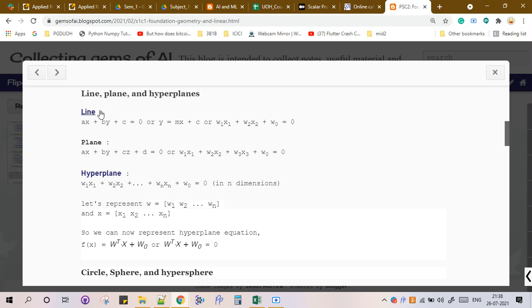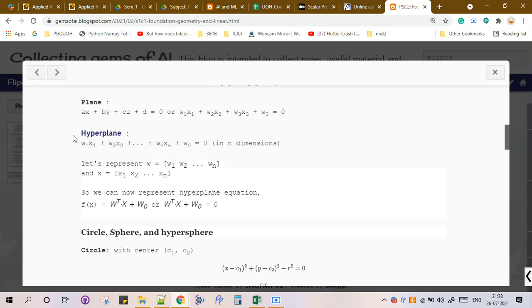So the equation of a line in 2D in generalized form would be w1 x1 plus w2 x2 plus w0 equal to 0, right? If it is passing through origin, then this bias term, or intercept term, would be 0, correct? And this is the generalized formula for hyperplane.